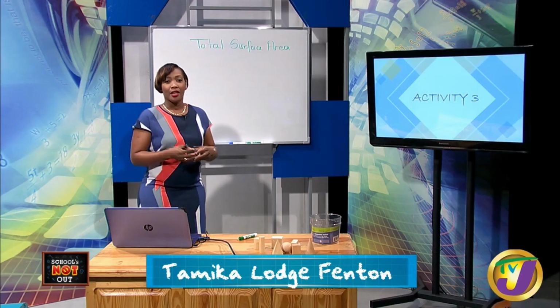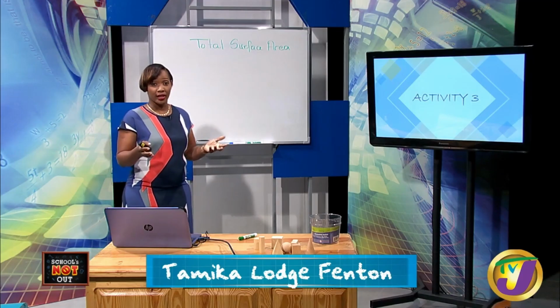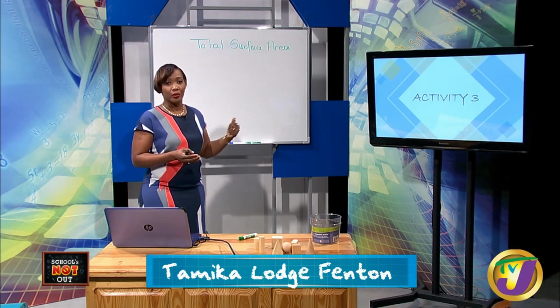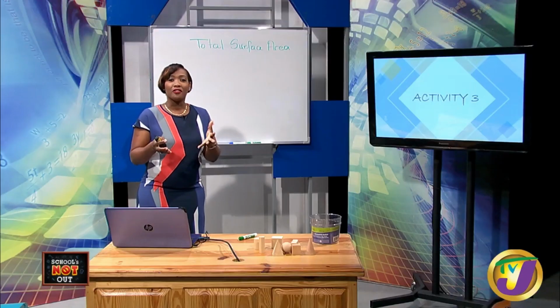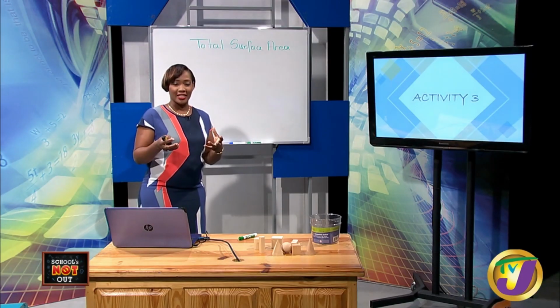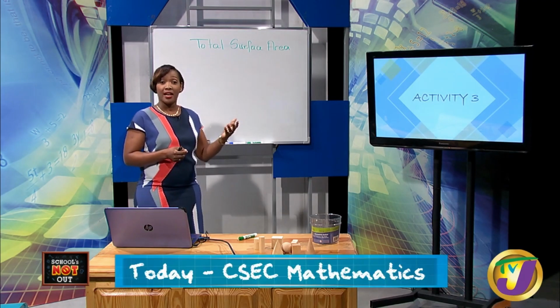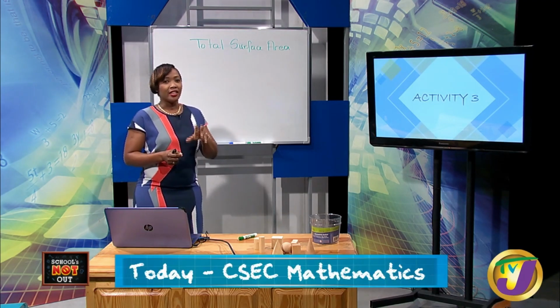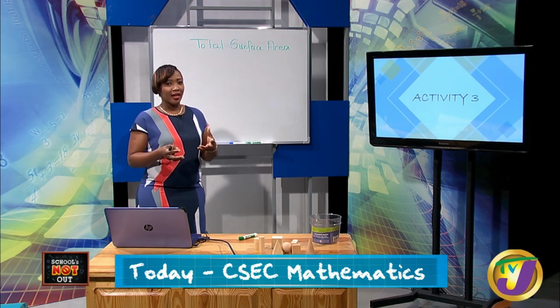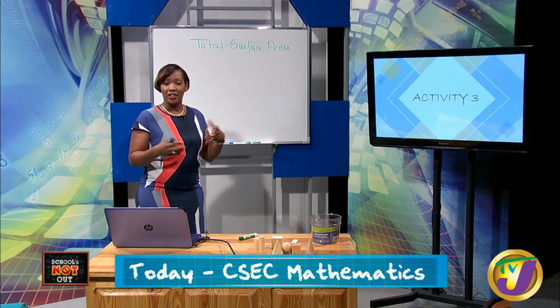or you'd have been asked to determine them, depending on the question. Now, just for those who are just joining, let's look at what we were doing before we left. We were looking at how to find the total surface area of solids. We said that we'd need to identify the faces of that solid and then determine the area of each face.